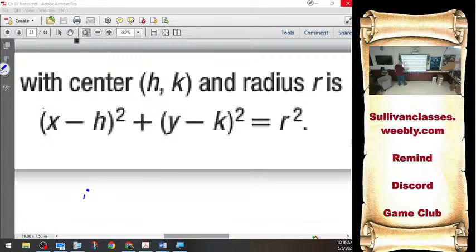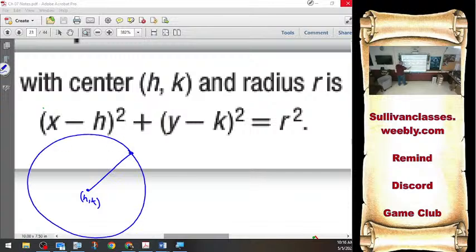I have a center at HK. And my point out here is at XY. I know it's potato. My radius is here. Isn't how I find this via Pythagorean theorem and distance formula? Do you see it?